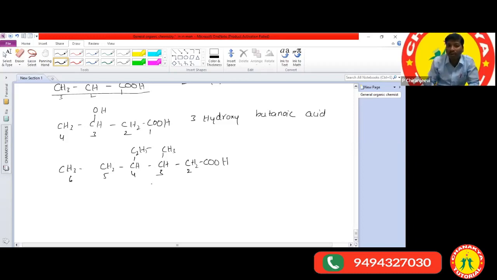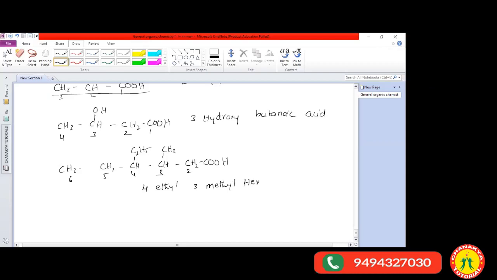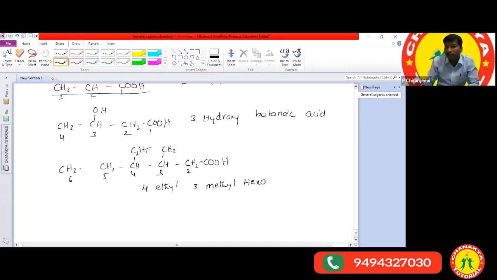So according to that, 4-ethyl comes first, then 3-methyl. For the root word, how many carbon atoms are there? 6. 6 means the root word is hex. Is the given compound saturated or unsaturated? Saturated. So what is the suffix? Oic acid. Hexanoic acid.